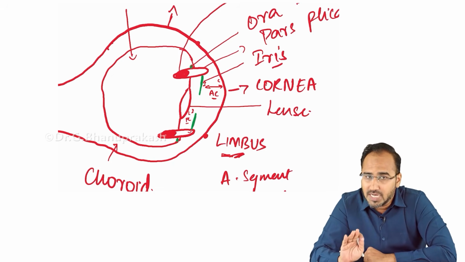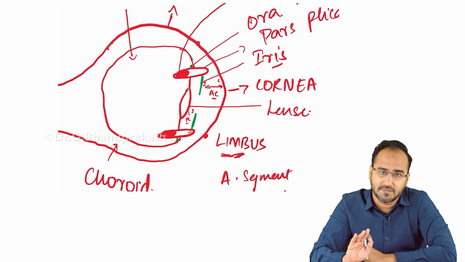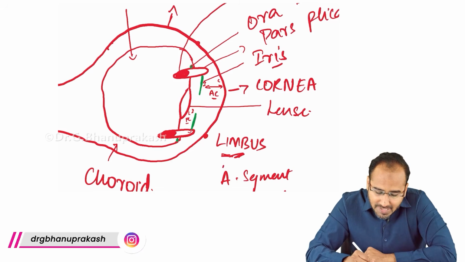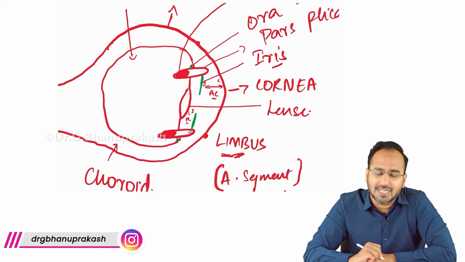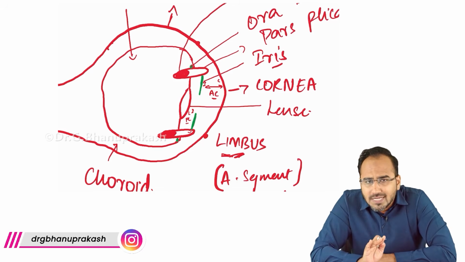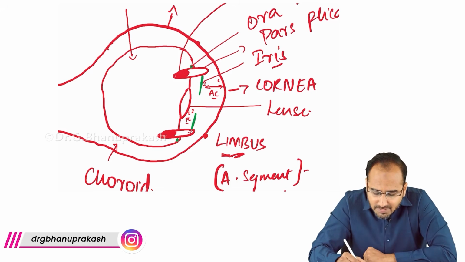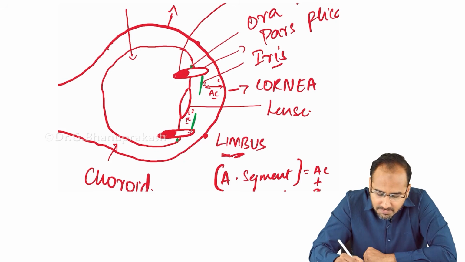Okay? Anterior chamber is different, anterior segment is different. If anyone asks you what is anterior segment, you can tell them anterior segment is equal to anterior chamber plus posterior chamber.